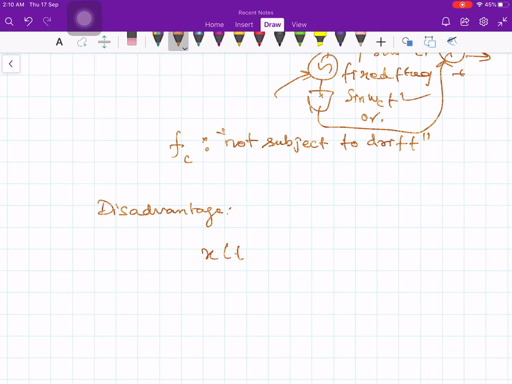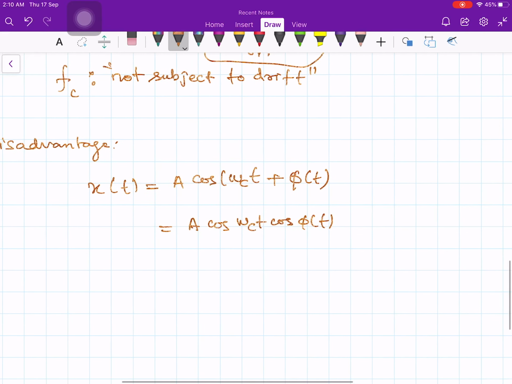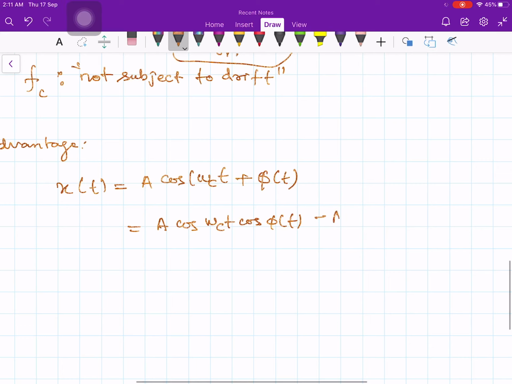A times cosine of omega ct plus phi of t, right? Now you expand this in terms of quadrature components, cos omega ct and sin omega ct: A times cos omega ct cos of phi of t, minus A times sin omega ct sin of phi of t.